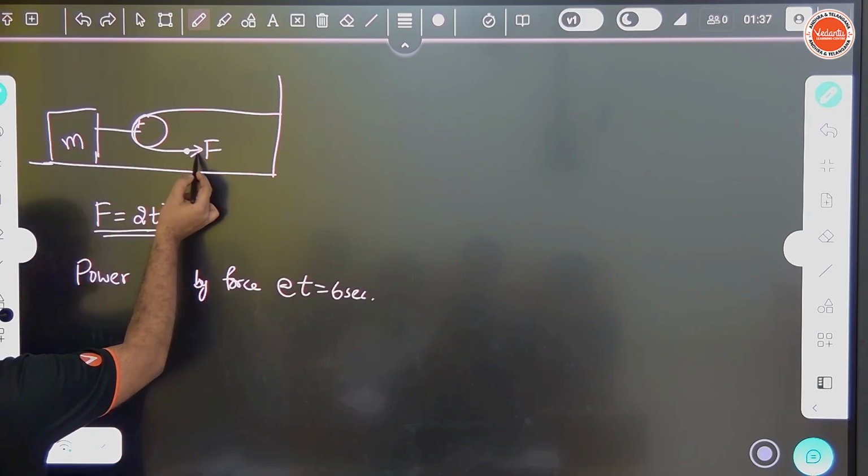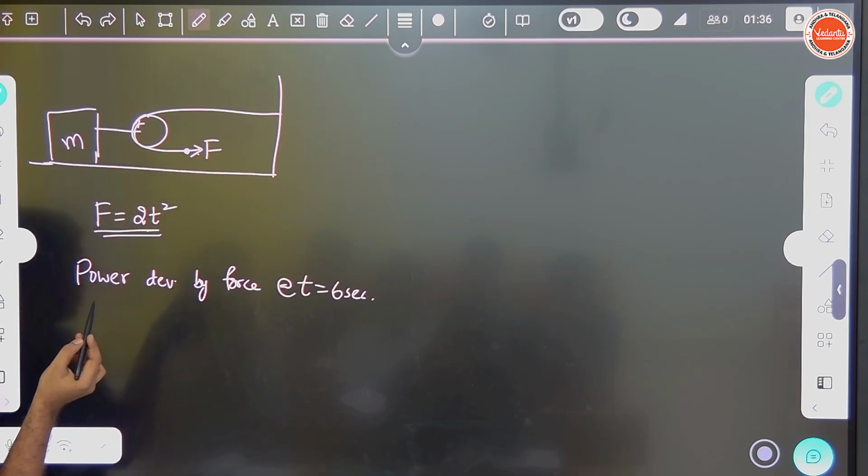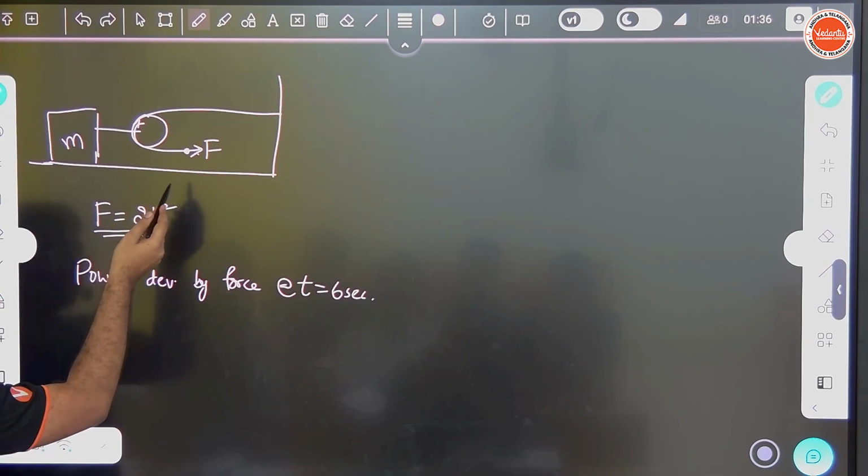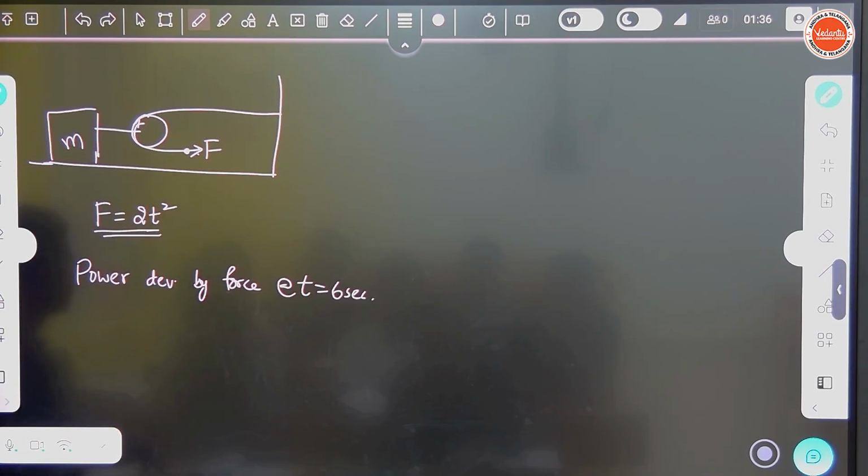Now, is the force acting directly on the body? No. Okay. Will there be any power that is developed by the force over here? Is the force doing work over here? Yes or no? Yes. Why? It is not acting on the body, no?